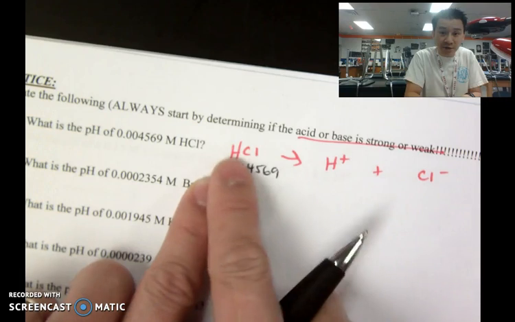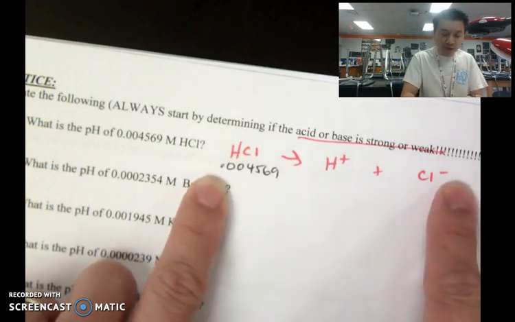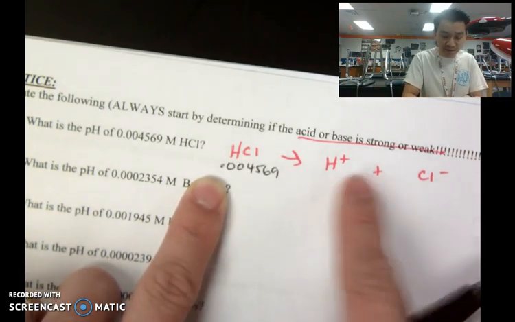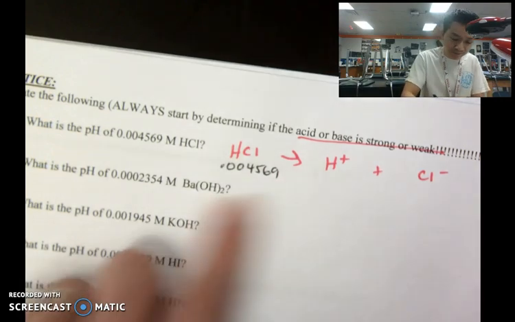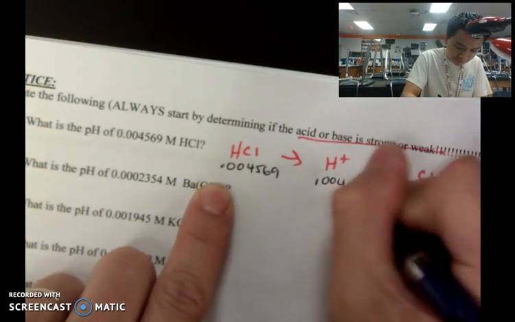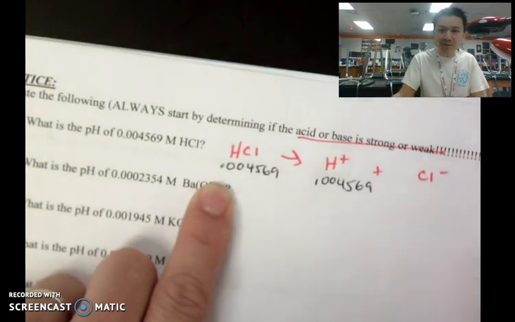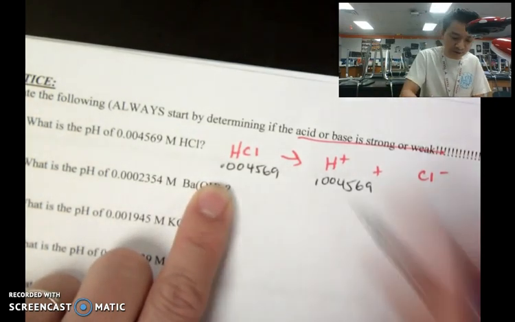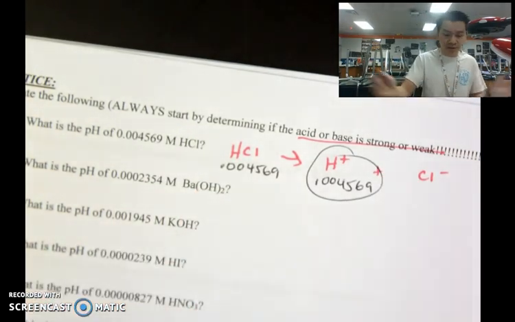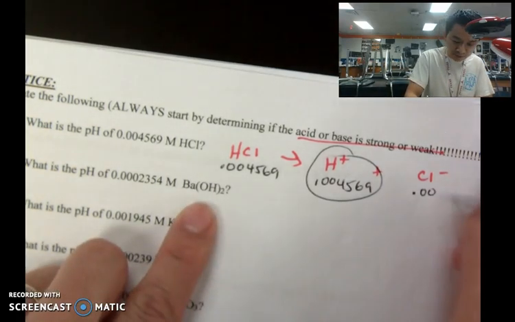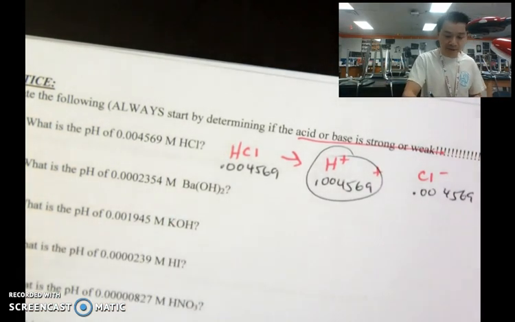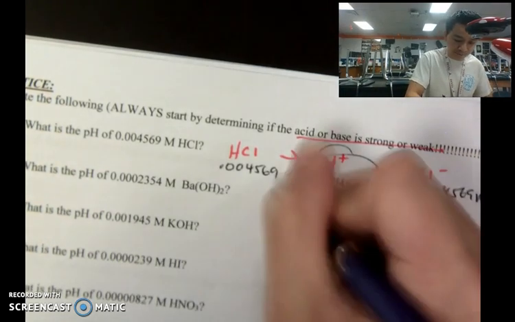If we have one HCl, we have one Cl, correct? So the concentration of HCl is exactly the same as the concentration of H and Cl, 0.004569. Really that's all we're looking for, the concentration of H. That's what we're concerned about. So we don't really care about the HCl, but it's going to be the same thing. They're all molar.